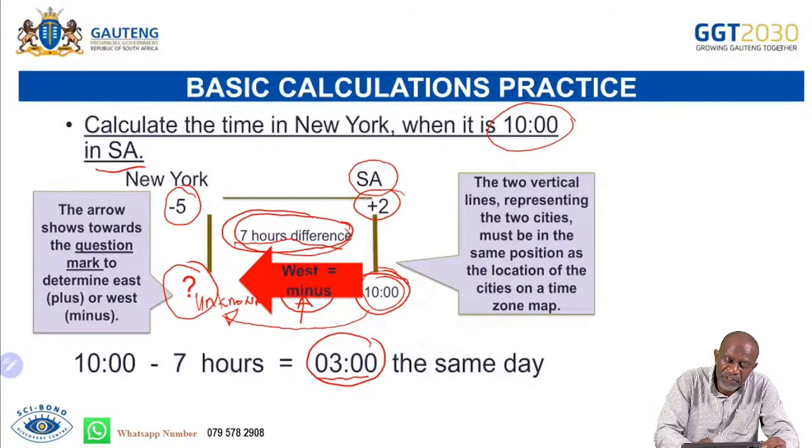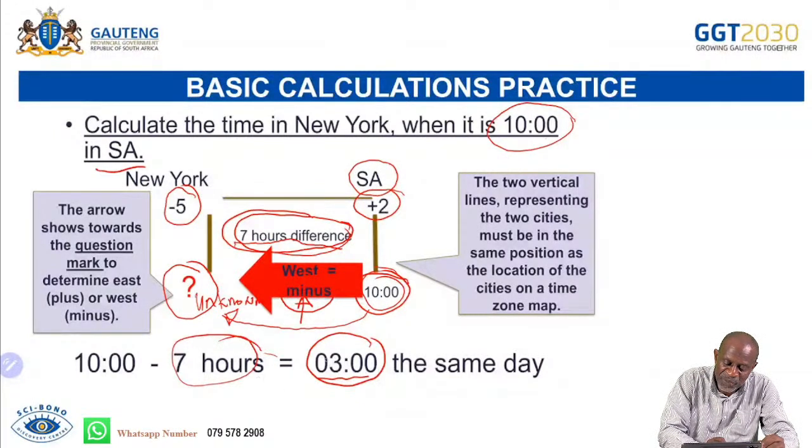So it further strengthens the idea that the countries or the regions that are located in the east are ahead of time than countries situated in the west, as you can see in the case of South Africa and New York. Can you see that now that New York is behind South Africa with 7 hours of time?